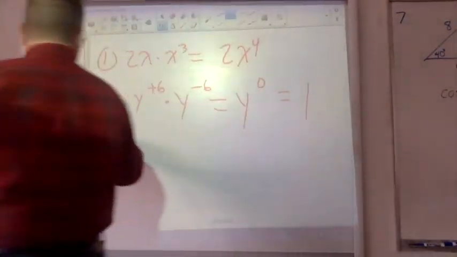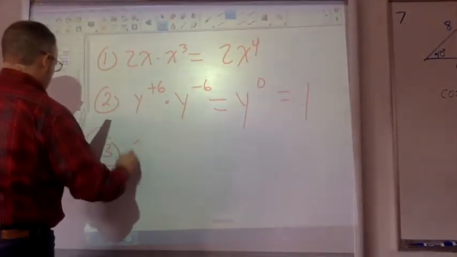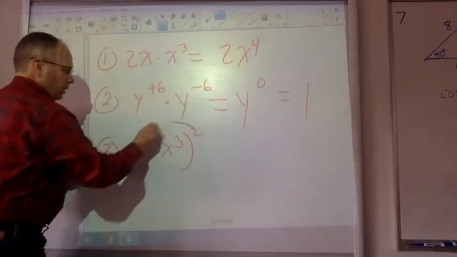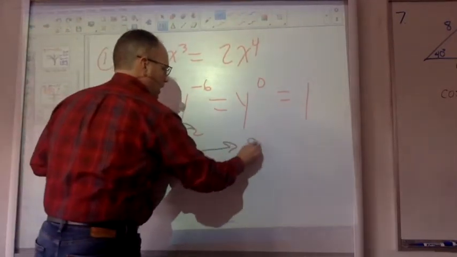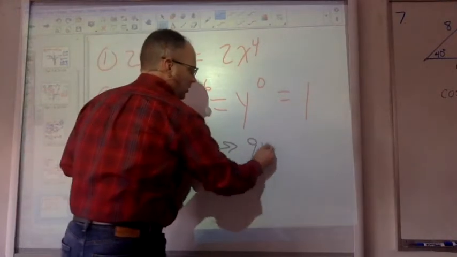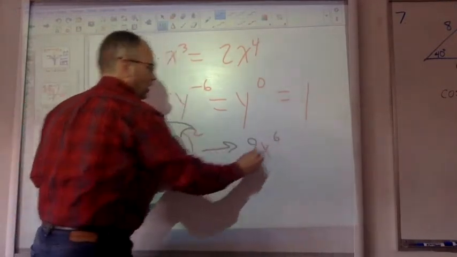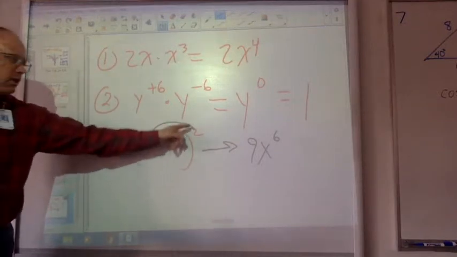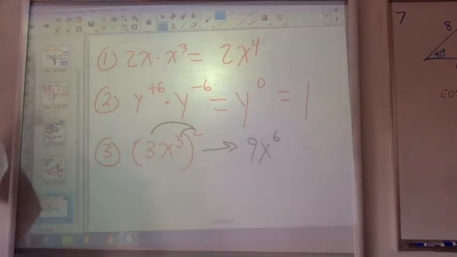Problem number 3. I have 3x to the 3rd, quantity squared. This exponent goes here and here, so that gives me 9x to the 6th. 3 squared is 9. X to the 3rd to the 2nd is x to the 6th.